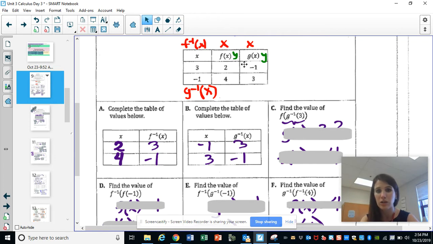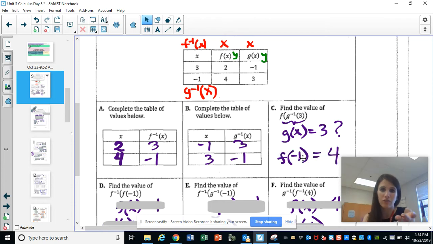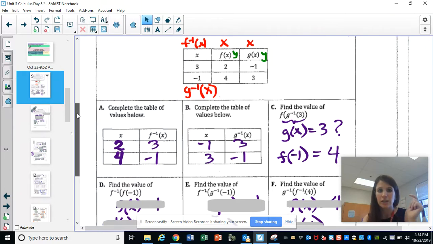It's actually equal to g of x. So the other question we can ask ourselves is, when does g of x equal 3? For what x value? And then we come back over here and we look, it's -1. So then we plug in -1 into f. F of -1 is what? 4.